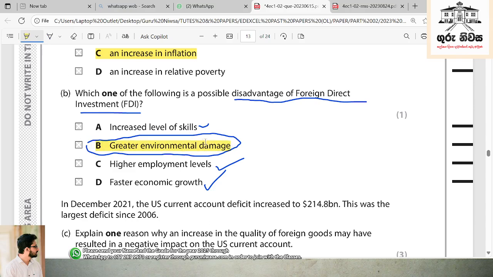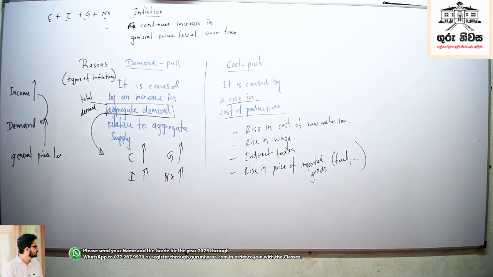Okay, sir. Sir, can you give a proper definition for FDI? Yeah, give me 1 minute. Take your textbook.